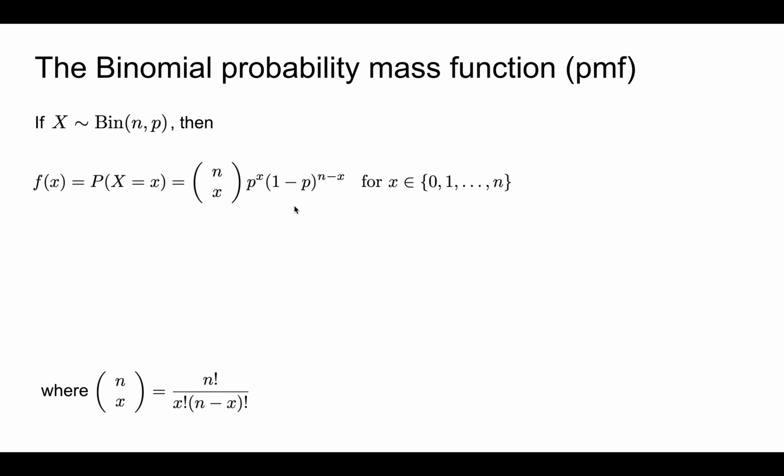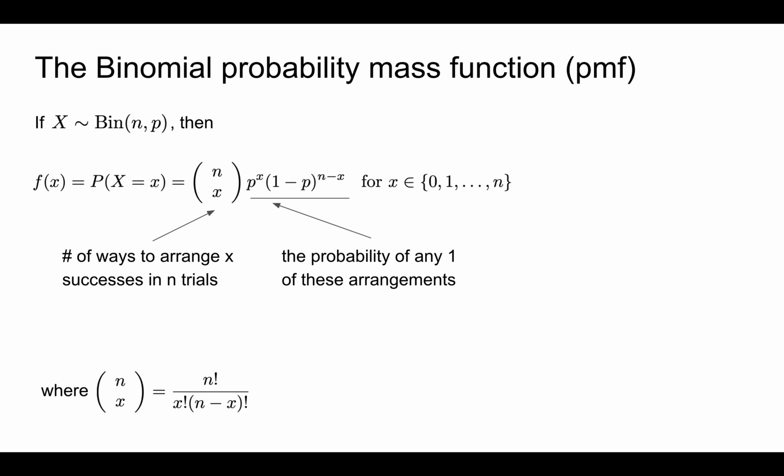We won't go through and prove every detail of this result or formula here, but we can build some intuition for where it comes from. First, n choose x is the total number of ways that we can arrange x successes among n trials. That is the number of ways that we might observe x successes in the first place. The remainder of the formula specifies the probability of any one of these arrangements.